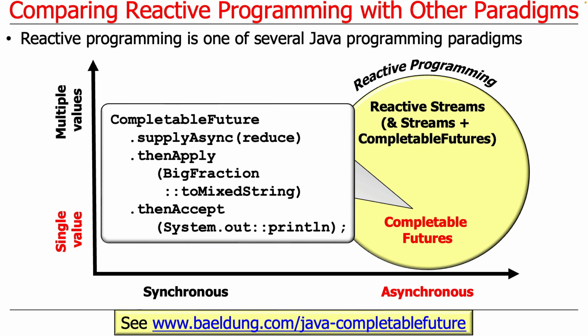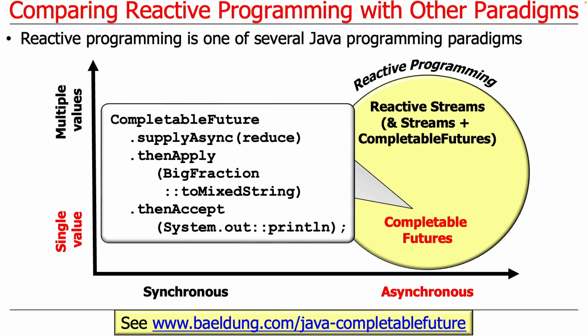So here's an example where we're going to take a big fraction and we're going to start it running in the background to do something with it, reduce it, for example. And then we're going to take the results of that asynchronously and convert the improper fraction to a proper fraction, a mixed fraction, and then we're going to print the results out.